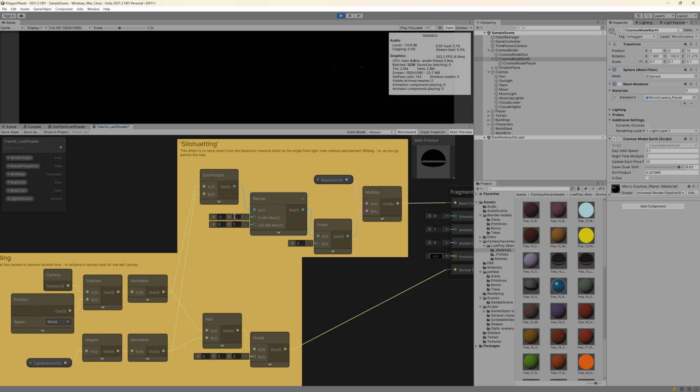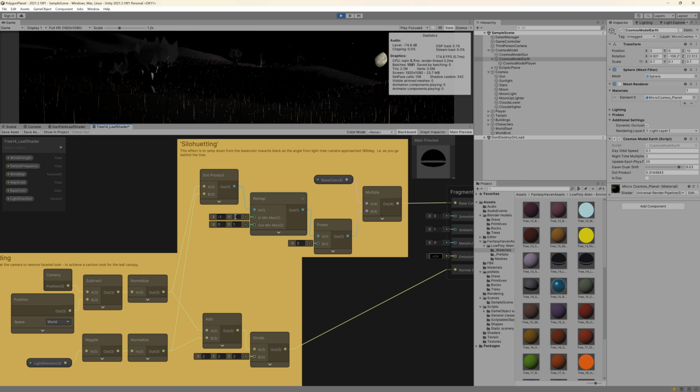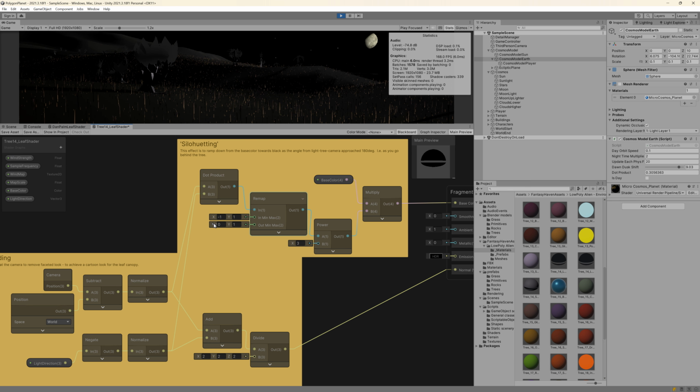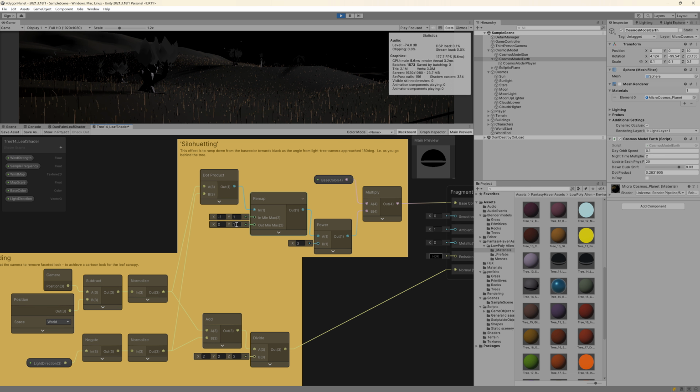Anywhere else between means we're forming a triangle between sun, tree and camera, and we want to remap that to 0 to 1. If we're in the same place as the sun shining over our shoulder, the tree should look its full colour. If we're directly behind the tree, it should be dark, and anywhere in between is just a lerp between them.